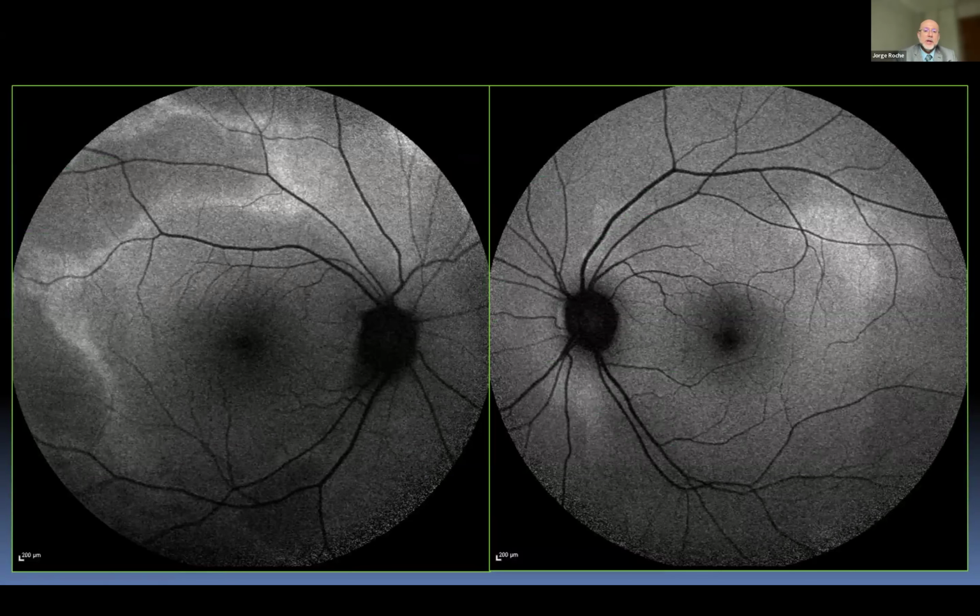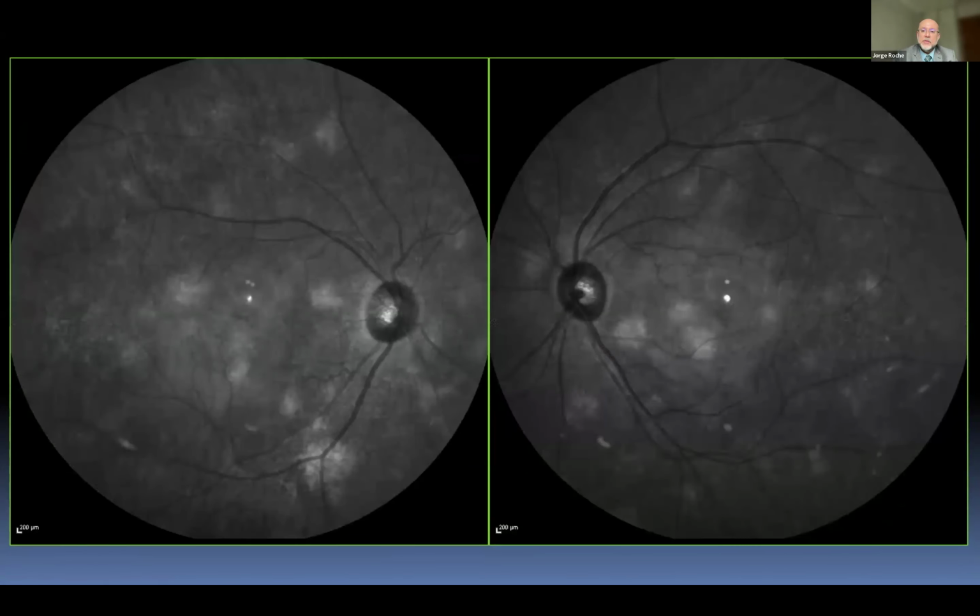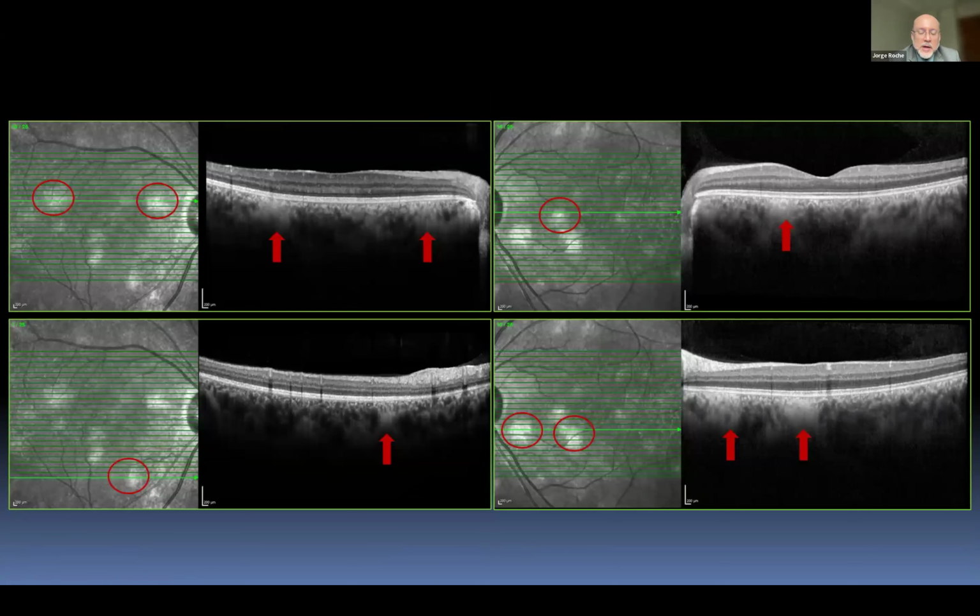And another thing, you can't see any cells in the vitreous, inflammatory cells. I'm trying to see here, but no, there are no cells. Because of no cells, I'm just thinking about some kind of focal choroidal infarcts. With focal choroidal infarcts we can have inflammation, but this case doesn't have any inflammation. It's just in the vascular area, we have this hyperreflectivity in the choroid, a pretty sick choroid for even a young guy.